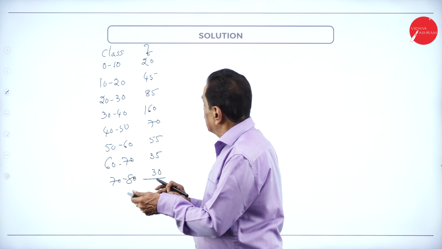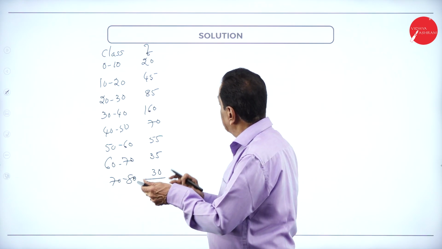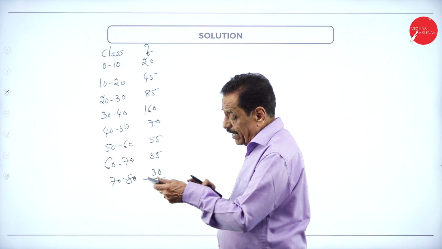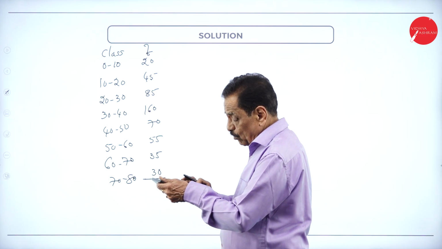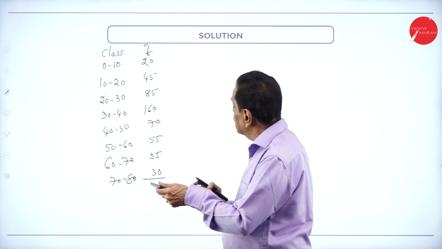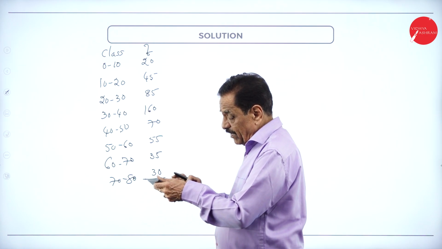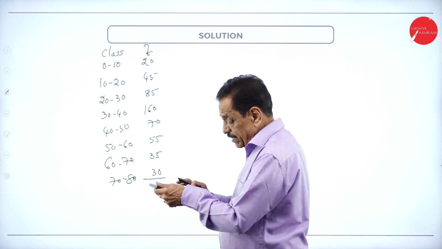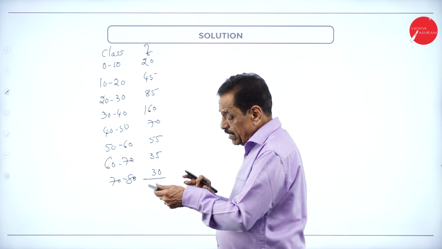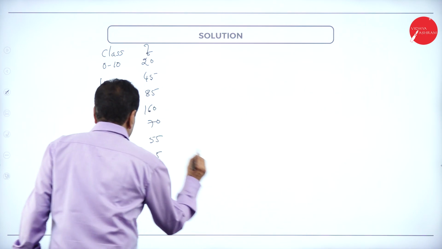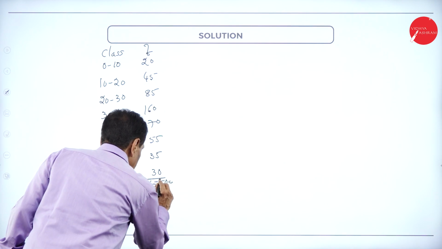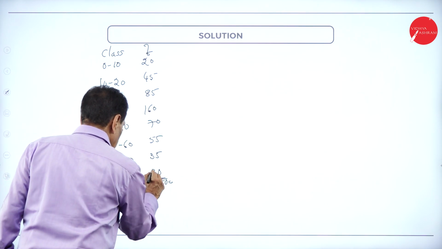So this is 20 plus 45 plus 85 plus 160 plus 70 plus 55 plus 35 plus 30 is equal to 500. N is equal to 500.